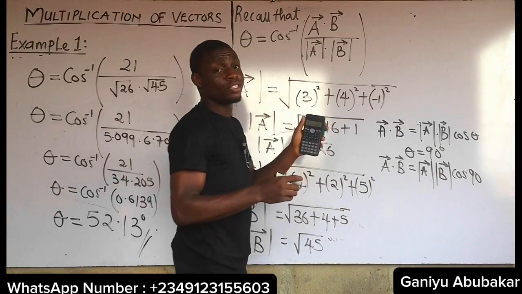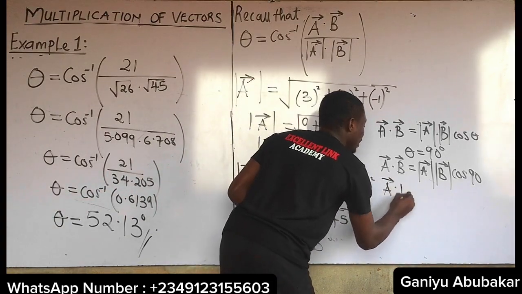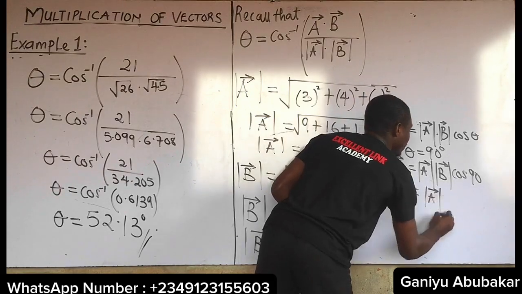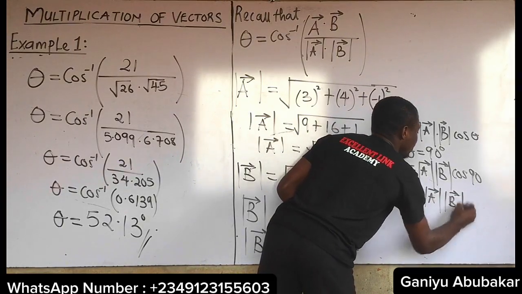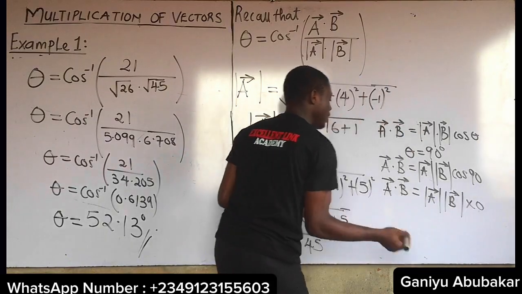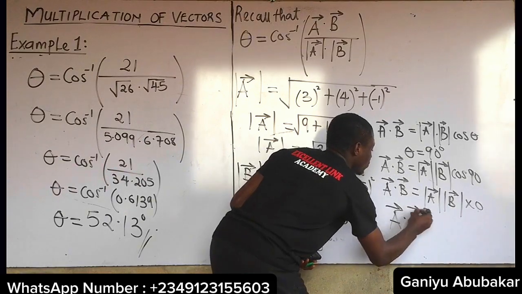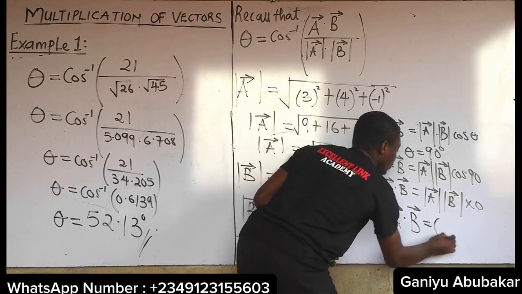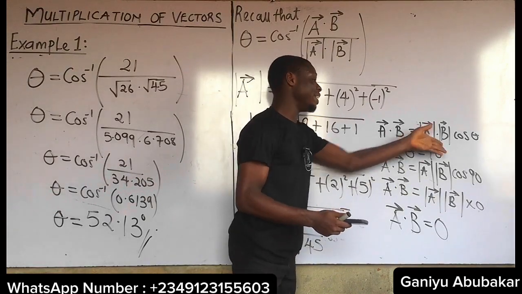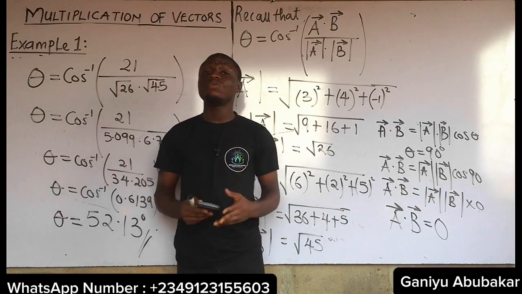If you press cos 90, I'll have 0. So the dot product of A and B is equal to the magnitude of A times the magnitude of B times 0. If I multiply 0 by anything, I'll have 0. So the dot product of A and B is equal to 0. The idea is that if the angle between two vectors is 90 degrees, their dot product is equal to 0. See you in our next class.